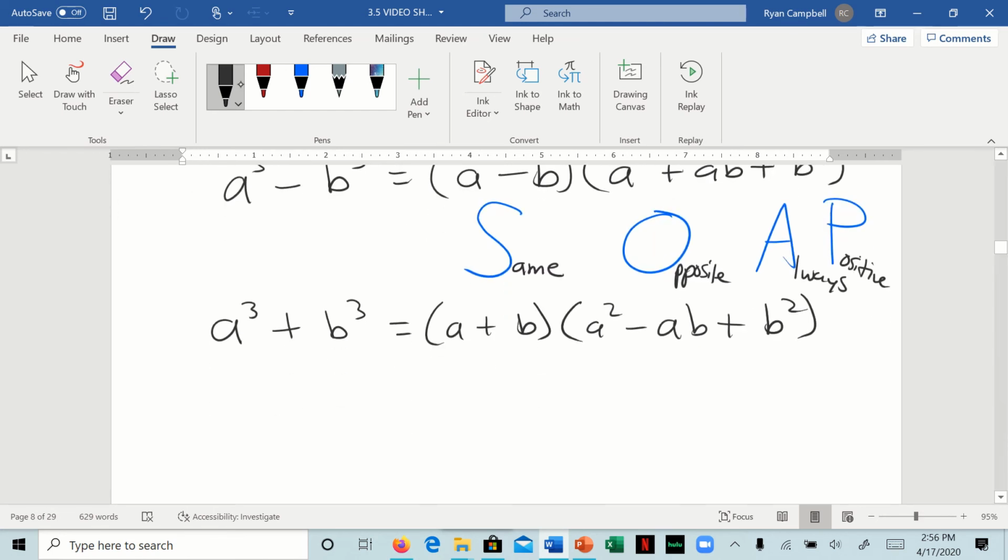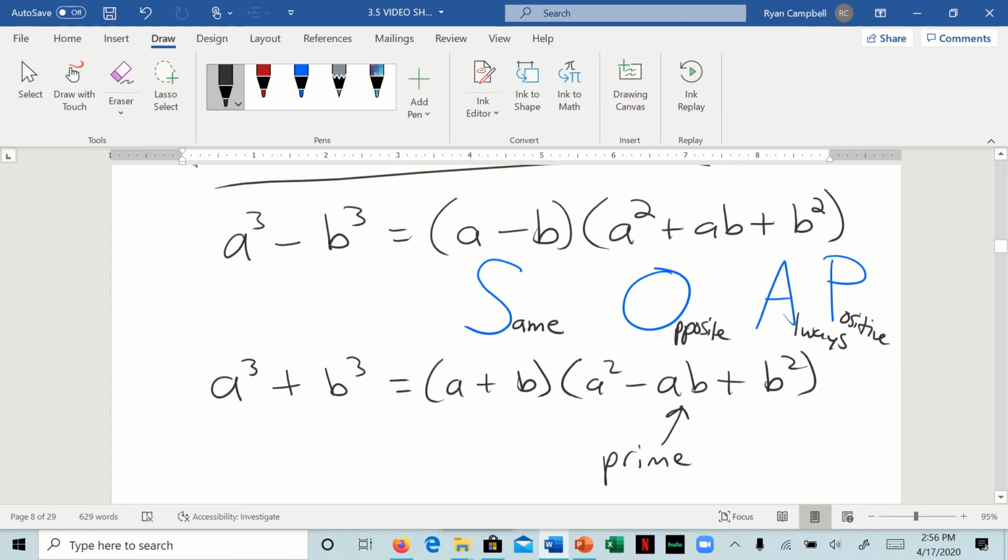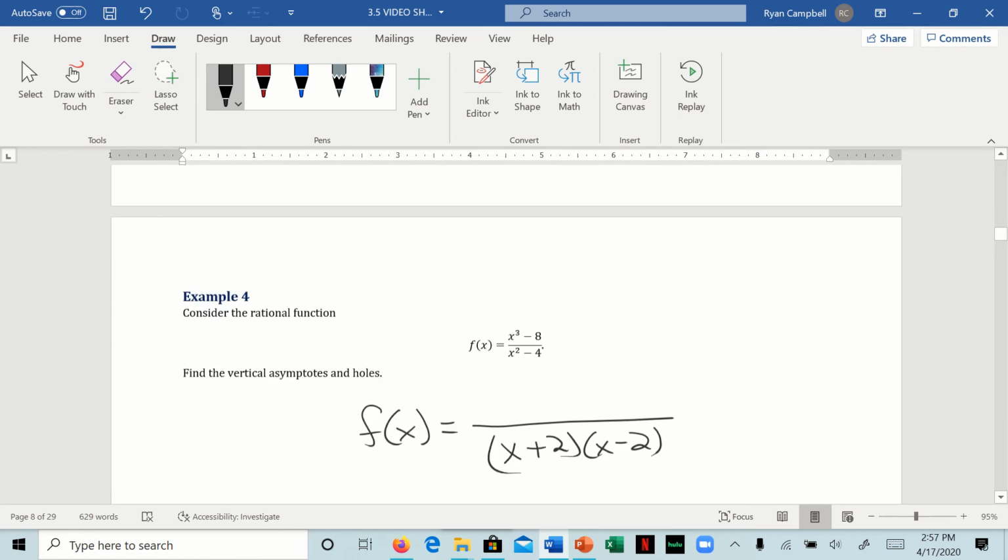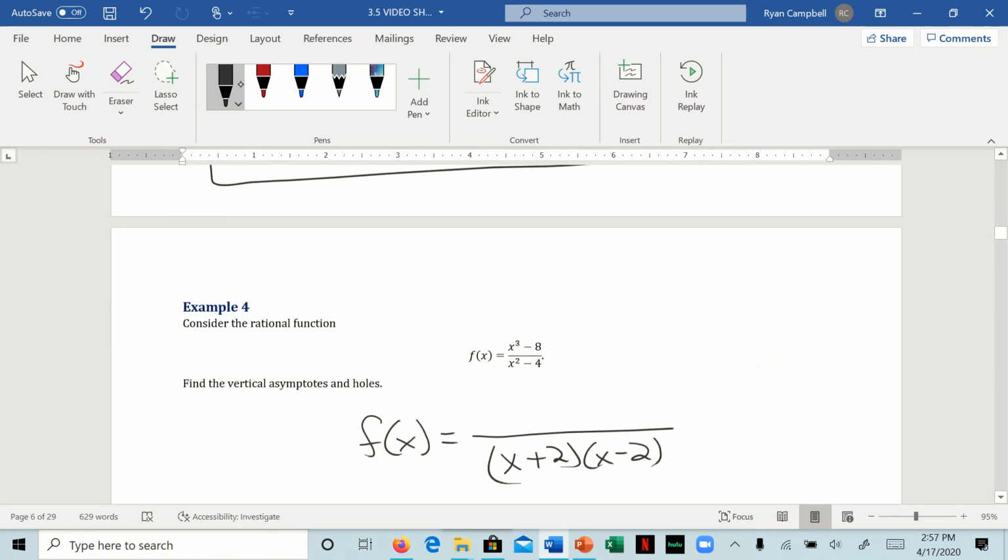And a cool thing that we find out is that this will always be prime. At least prime amongst the integers. So there's no more factoring after we get it down to here. All right, so going back to this problem, we see that this is going to be x cubed minus 2 cubed. So using our equation, this is minus, so it's same.